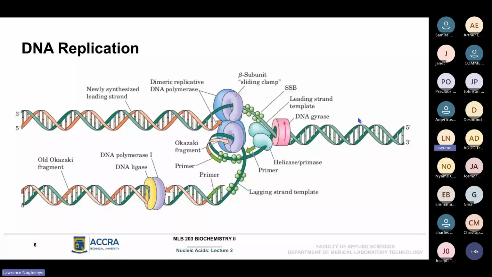That is when you have the opening up of the DNA molecule and different protein complexes involved in the synthesis of the new DNA strand, with base pairing occurring. And on the leading strand, the new DNA strand, in orange, is being formed in a continuous manner from the 5' end to the 3' end direction.